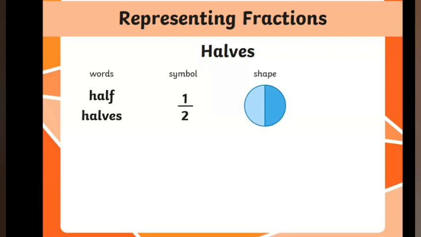If a particular whole thing is divided into two equal parts, then if one part is considered, it can be called half, or it is read as 1 out of 2. Another word that we use to express 1 out of 2 is the word half.